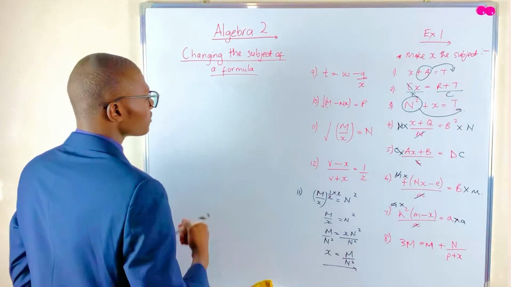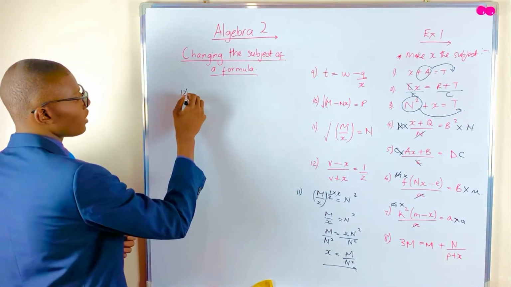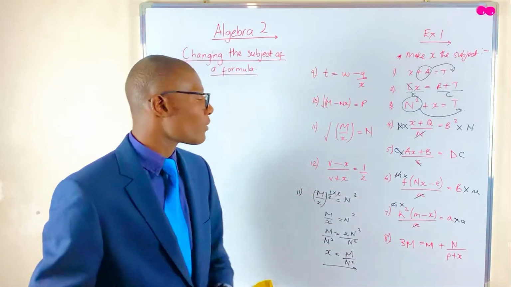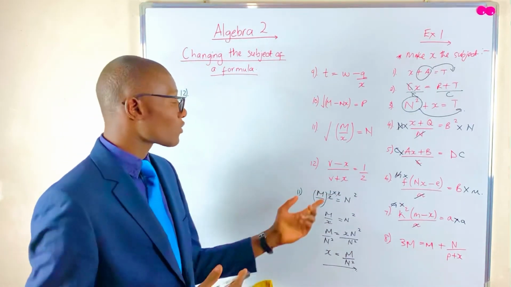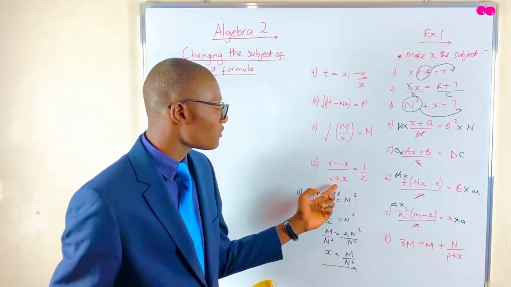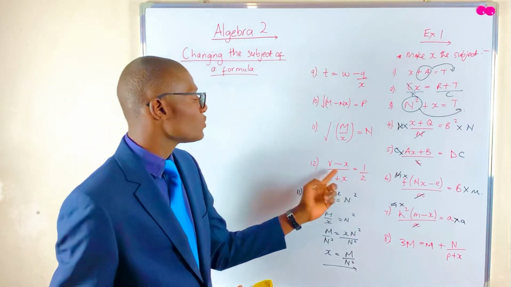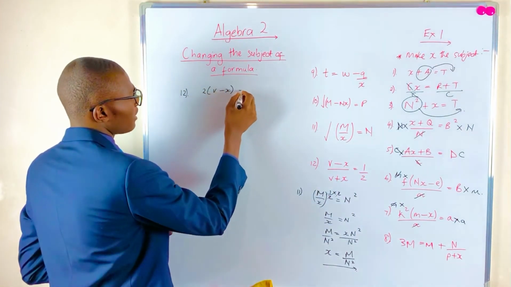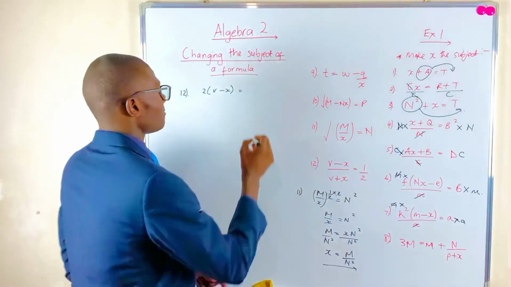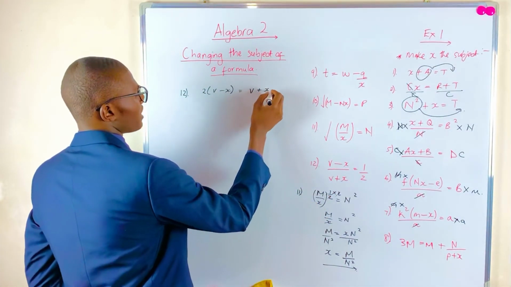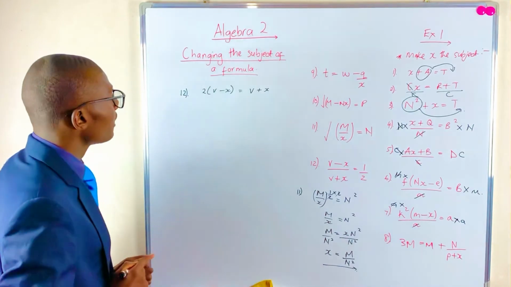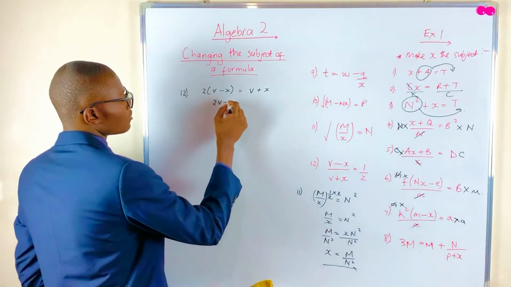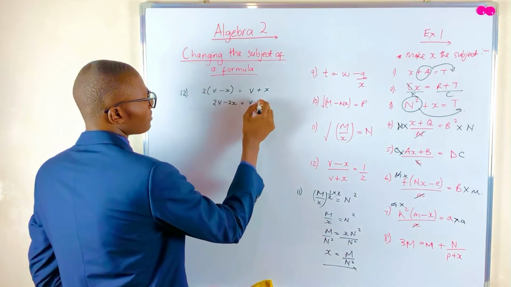Okay, now for number 12, we've got v minus x over v plus x being equal to 1 over 2. So we know we can cross multiply. 2 times v minus x is equal to 1 times v plus x, which will just give us v plus x. And then we can remove these brackets: 2v minus 2x is equal to v plus x.